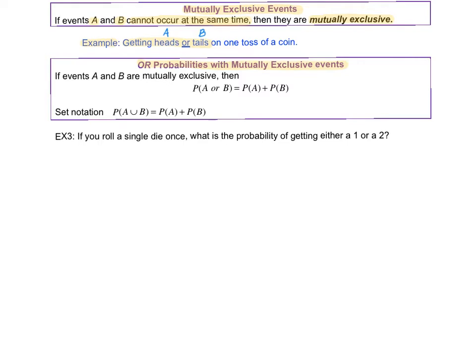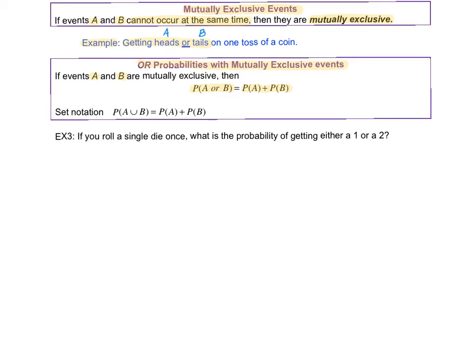Those are all multiplication. With OR, it's actually an addition problem. If you have two events, A and B, and you want to look at the probability of A or B, then you figure out the probability that A happens and you add it to the probability that B happens. So it's one of the rare formulas where we're using an addition.